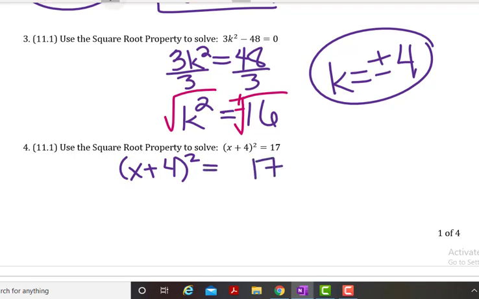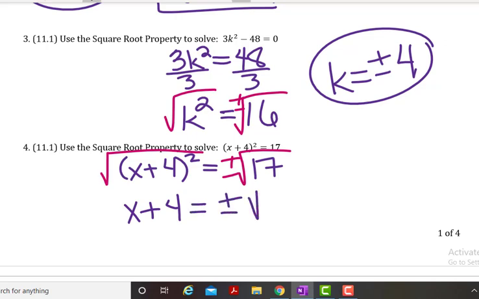I'm going to use the square root property by taking the square root of both sides, plus or minus on the right on the numerical part of the equation. On the left, the square root of the quantity x plus 4 squared is x plus 4. And on the right, we cannot simplify plus or minus the square root of 17.